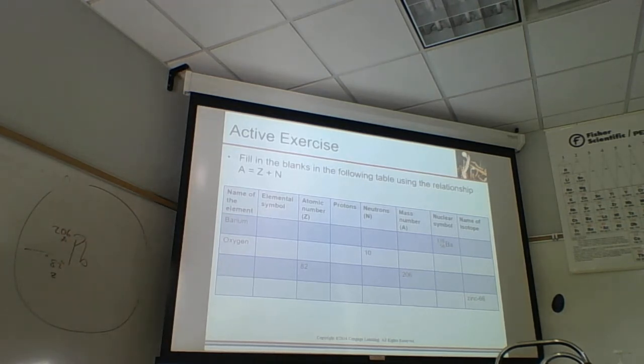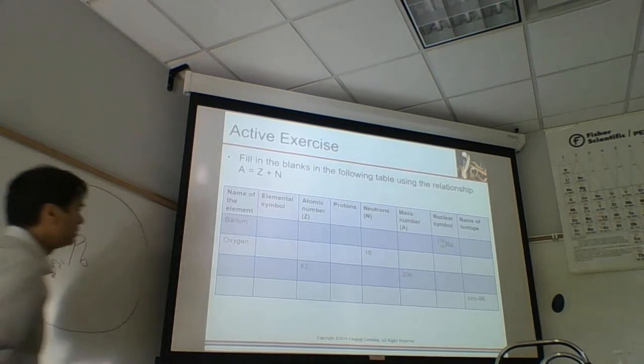Is that an exact number or approximate number, 206? That's exact because that's the number of protons plus the number of neutrons. Is that the mass? No, it's not the mass, but it's close to it because protons and neutrons weigh about 1 u, and therefore this atom will weigh about 206 u.